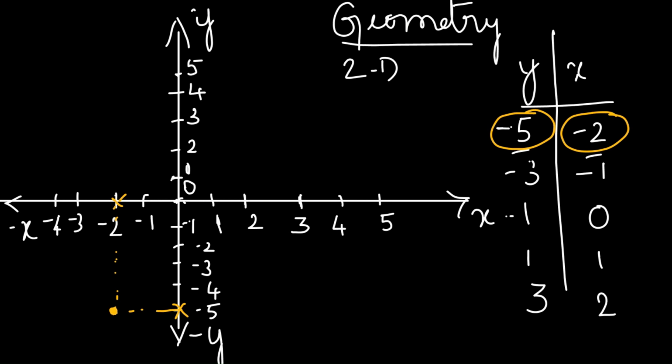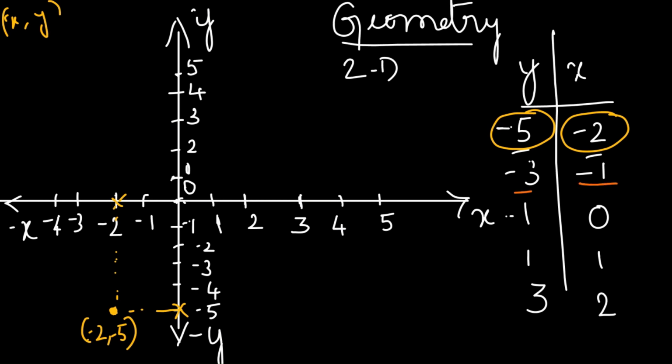We write the points as (x, y). This is how the points are denoted, and here it is -2 for x, and for y it is -5.